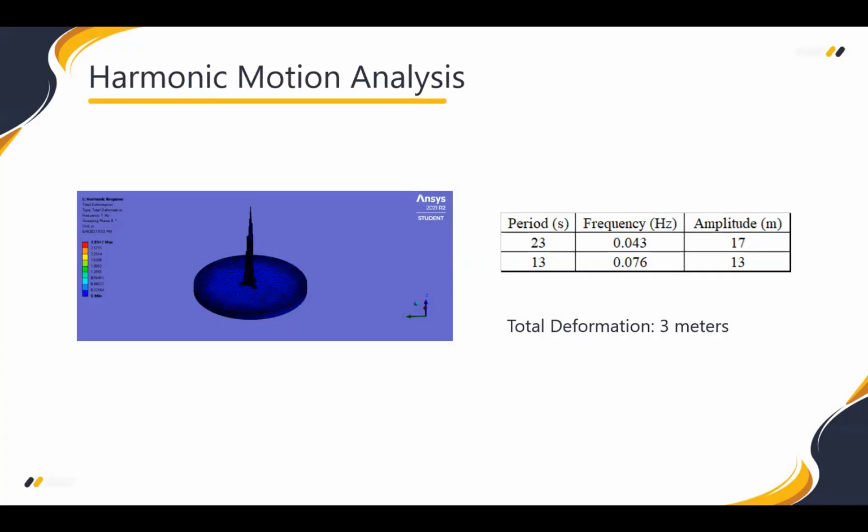And here is another deflection shape of the structure that includes the pile foundation system.